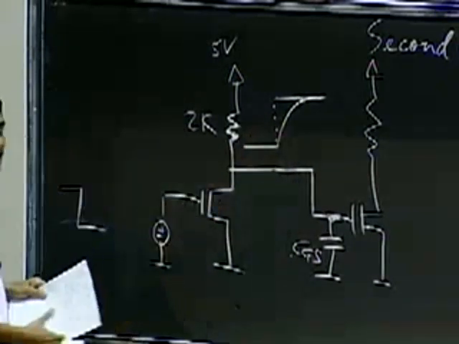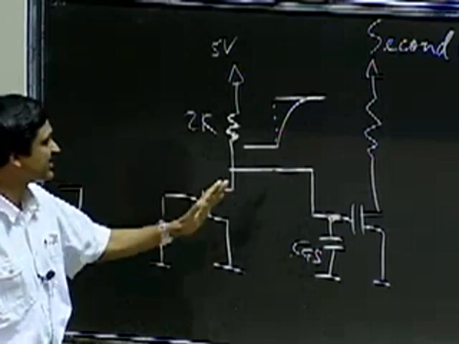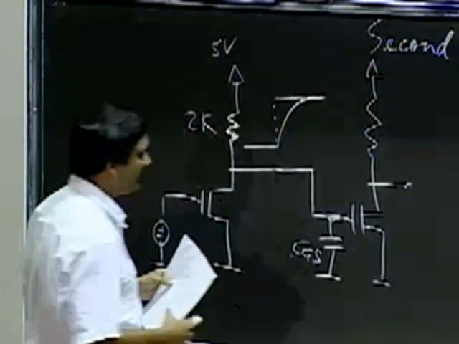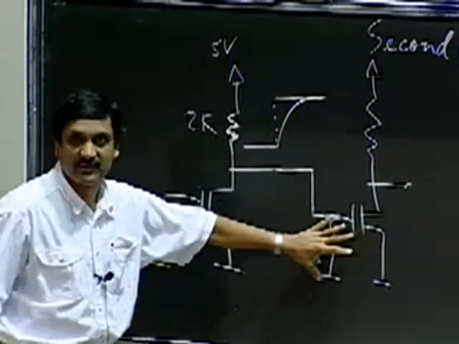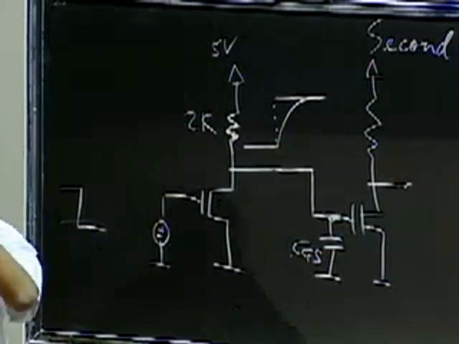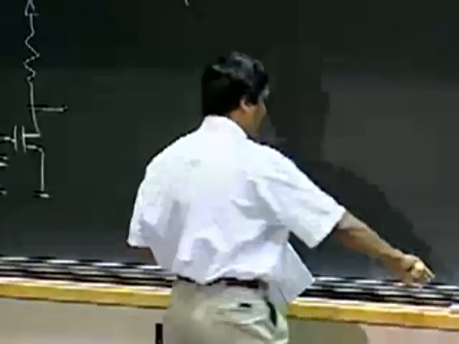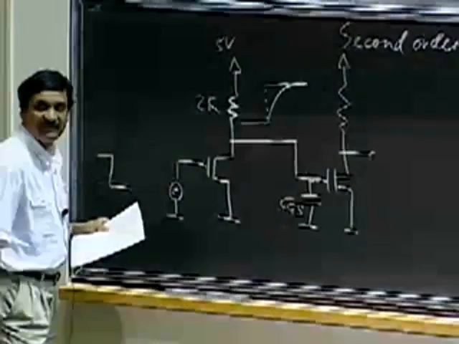This transition was characterized by an RC time constant, and this is what gave rise to a delay in the eventual output. That's what we saw previously, single energy storage element. Today we're going to look at the exact same circuit, and have some fun with it.